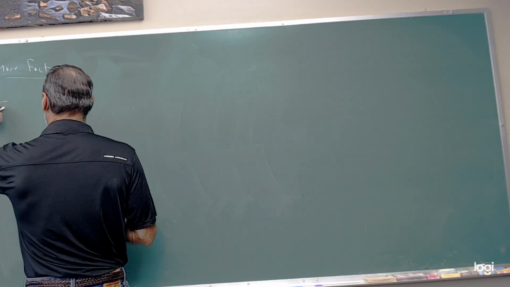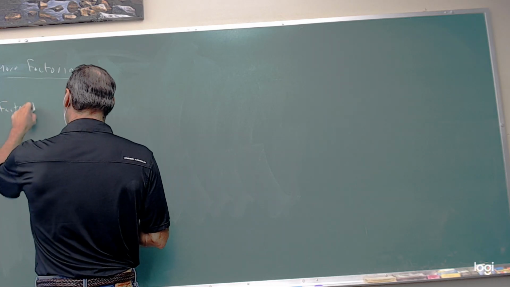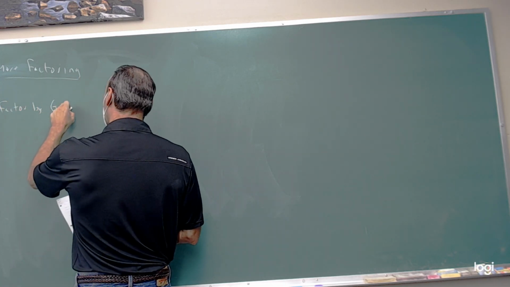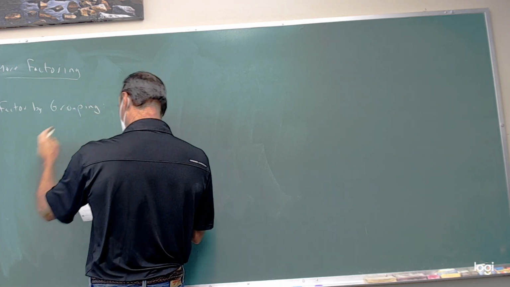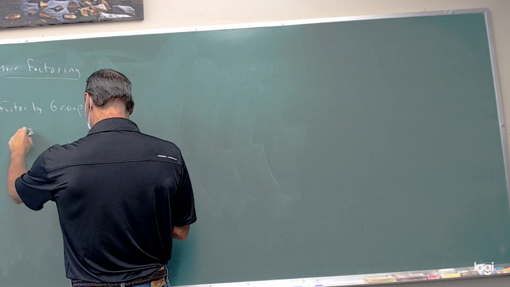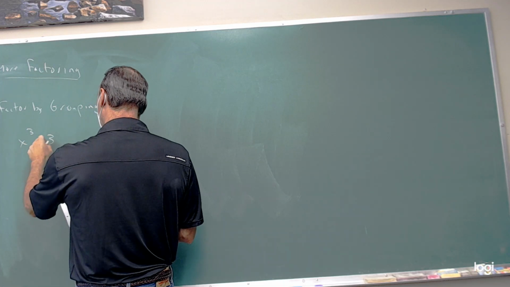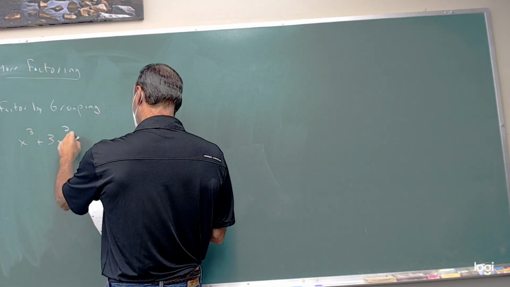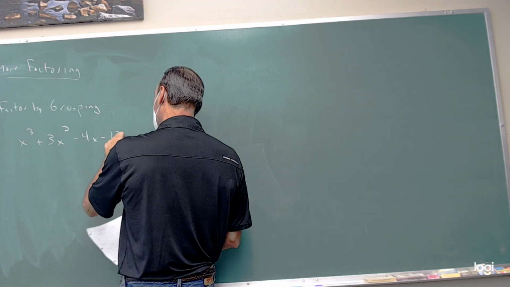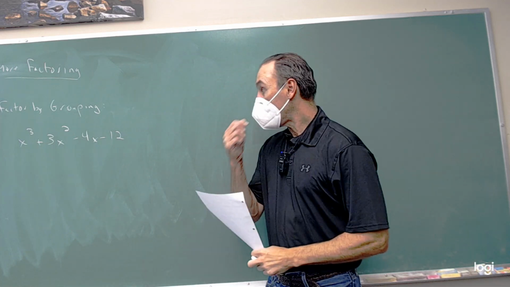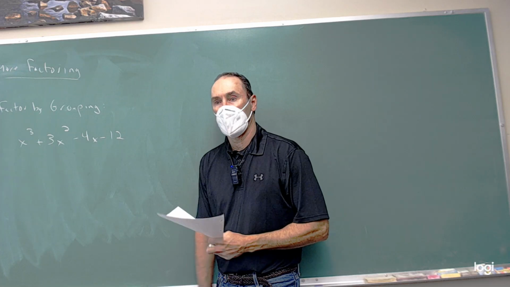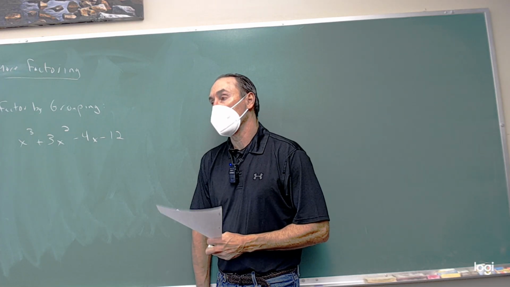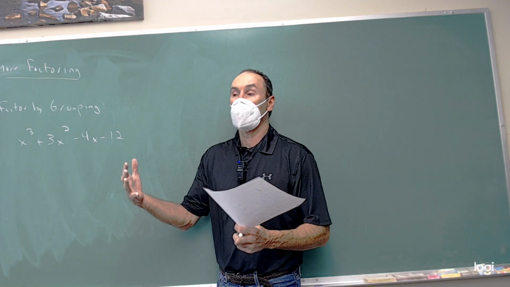So one is to factor by grouping. And so I think you saw this in algebra 2. So if you have something like, say, x cubed plus 3x squared minus 4x minus 12. So anytime you have something that's more than an x squared, so a higher degree, a higher order polynomial than a quadratic, then something has got to give here.